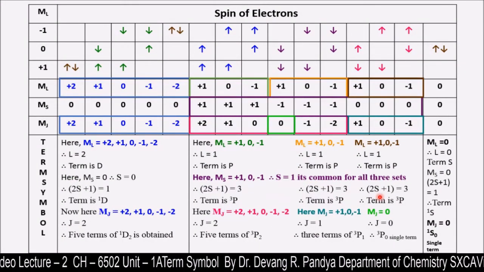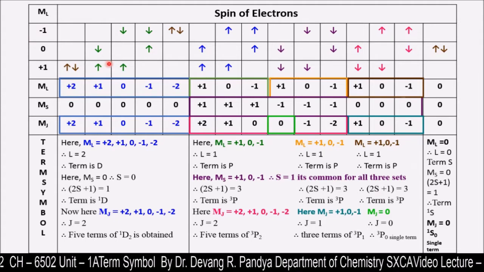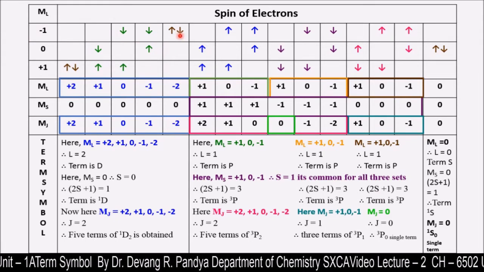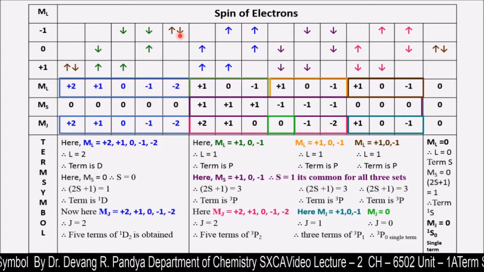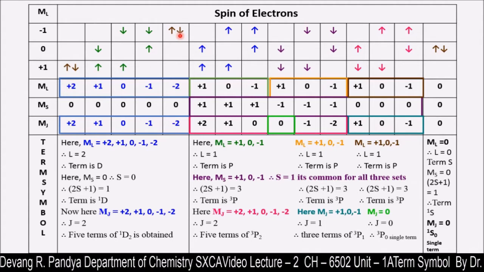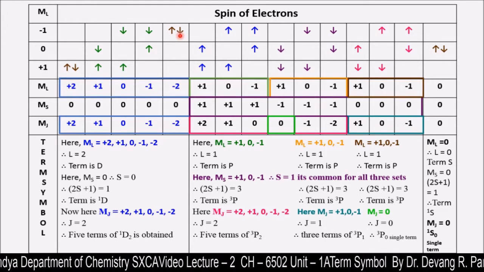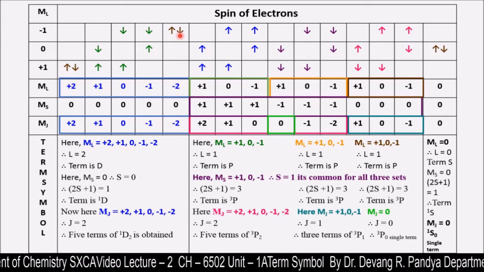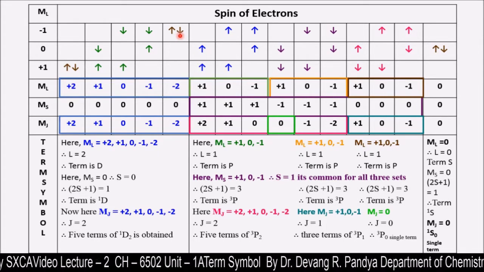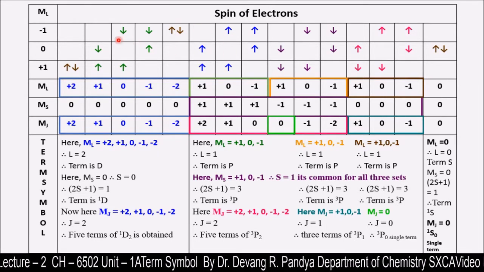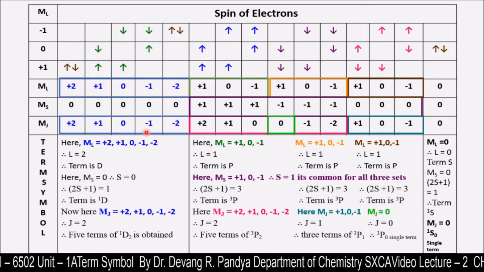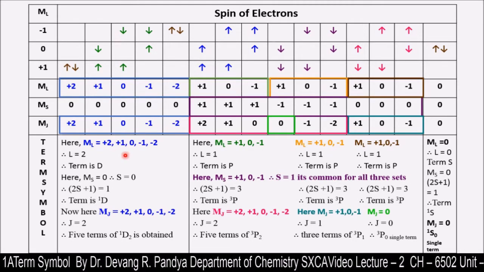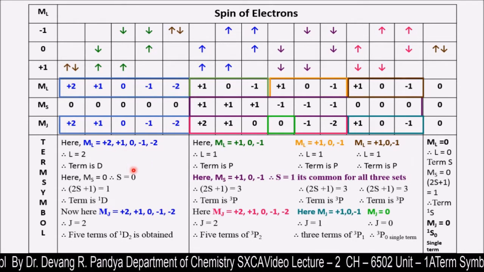Here this arrangement gives us a very easy way to calculate the term symbol, and we can assign it for similar microstates. If similar degeneracy is there, then a similar term symbol should be assigned to those microstates. This way we can assign term symbols to different microstates quite easily.